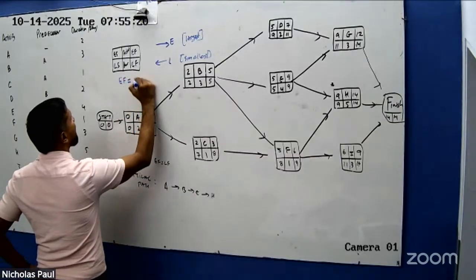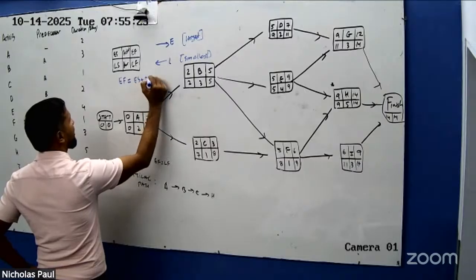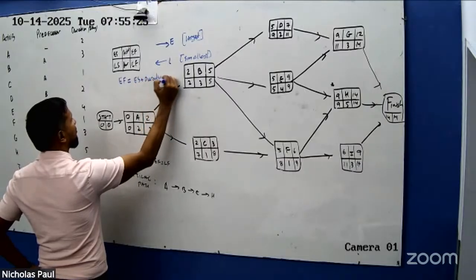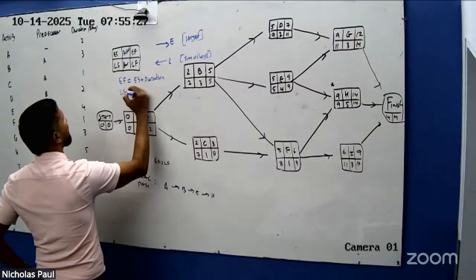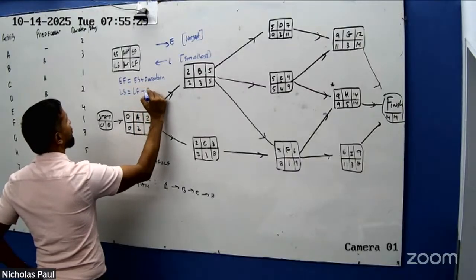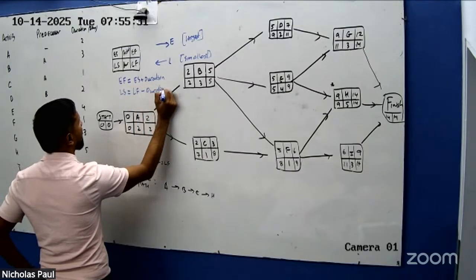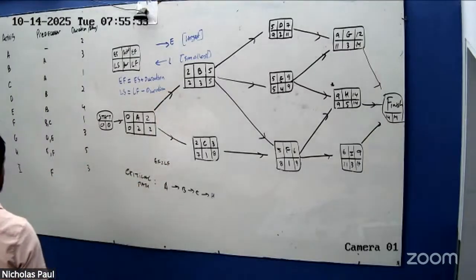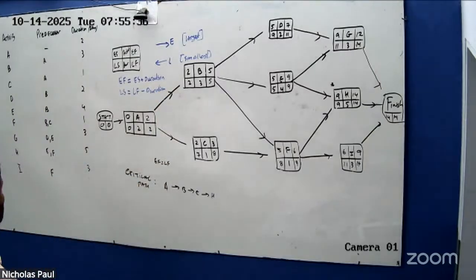EF is ES plus duration, and LS is LF minus duration. I will change the note because I want to have this in the note instead. I don't like how they do it.